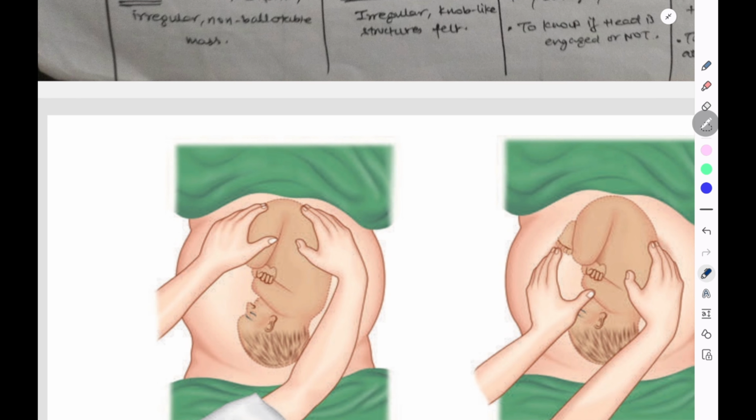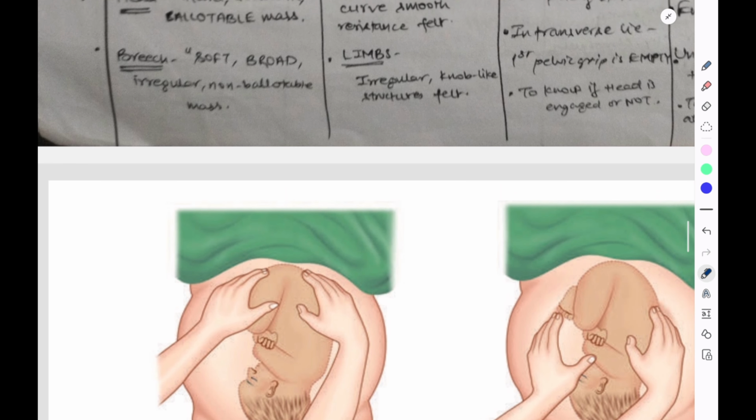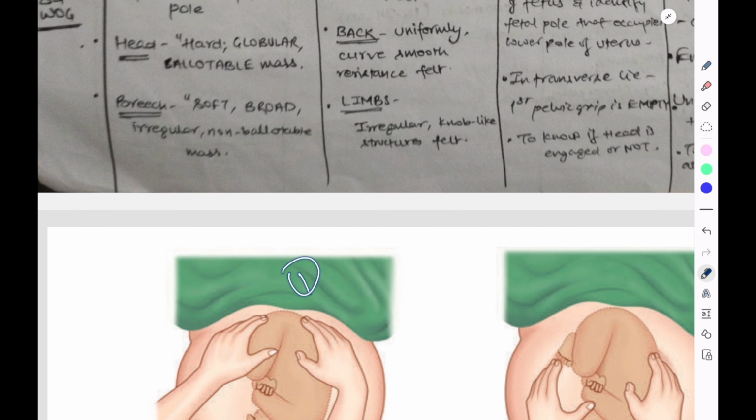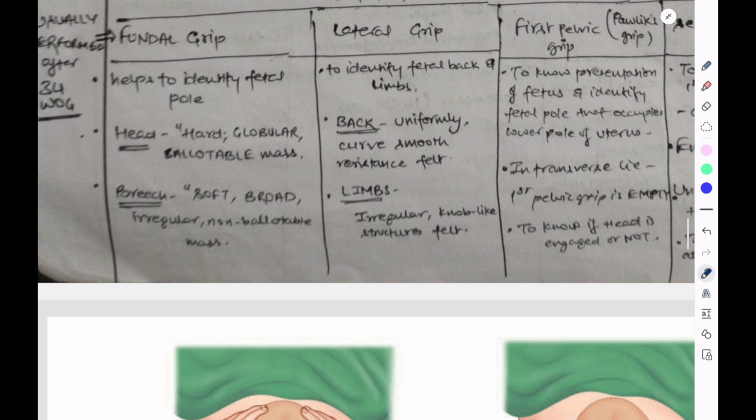By ulnar border, we need to know the fundus height and what corresponds to it, like whether it is breech or head. If you are not palpating anything, maybe it is a transverse lie. So this is the first fundal grip.